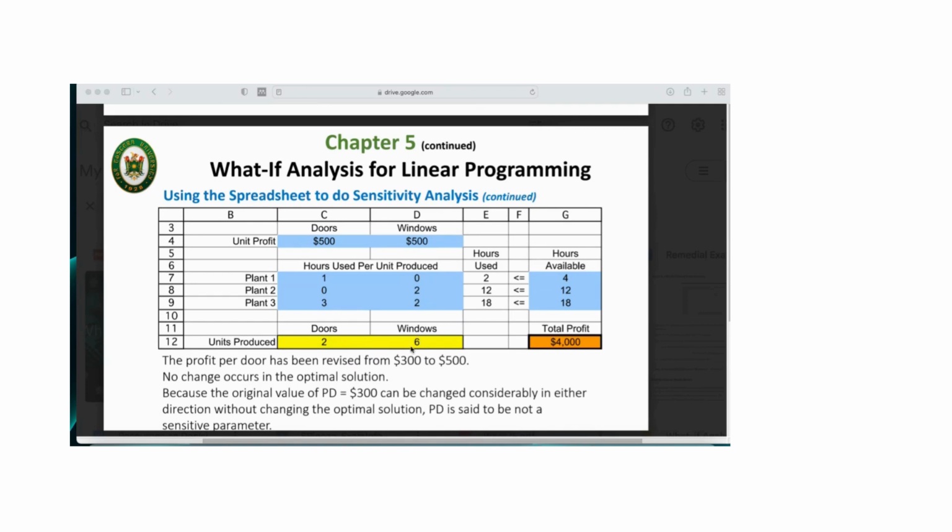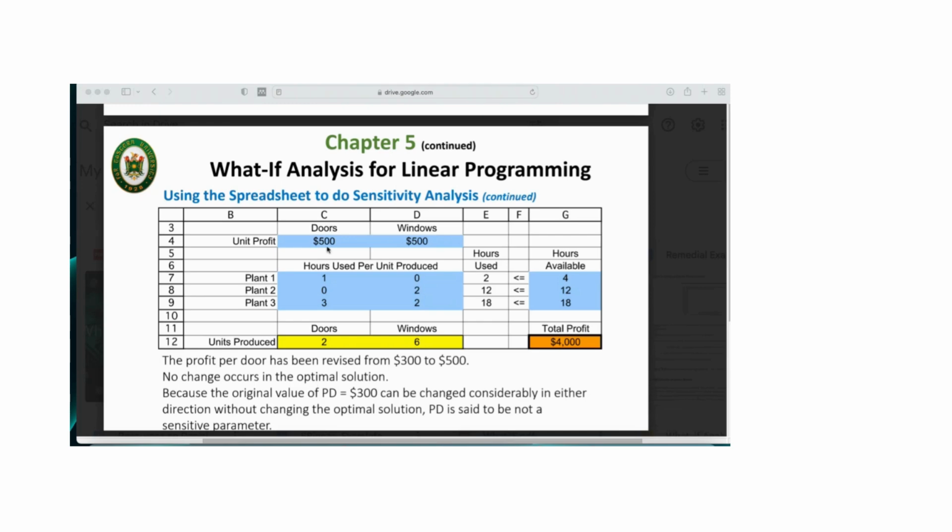All right. Changing this parameter did not change the optimal solution, so we will say that this parameter is not sensitive. It's not a sensitive parameter. The profit per door is said to be not a sensitive parameter. When is it sensitive?